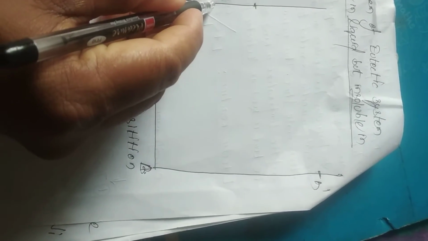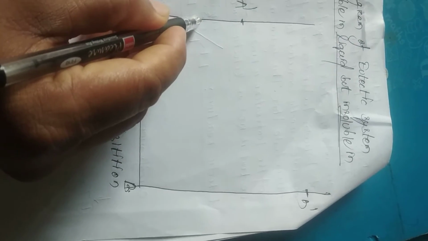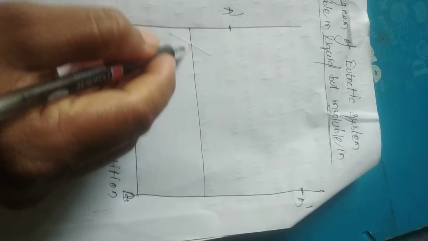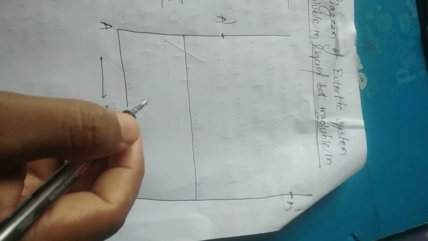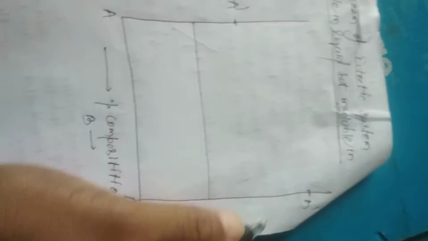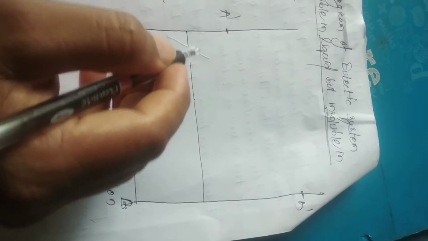Now let's see, when we draw a horizontal line in the phase diagram, you should understand that this horizontal line is nothing but the constant temperature line. If anywhere in the phase diagram I am drawing a horizontal line, that means those horizontal lines are the constant temperature line.